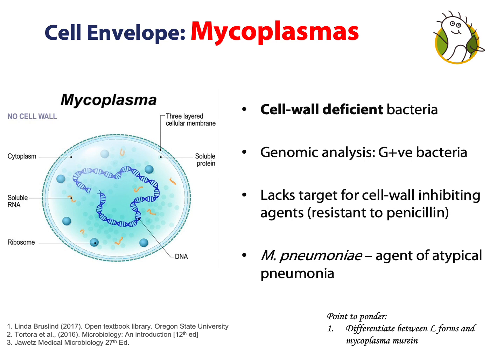Okay? So, treatment should not be done using cell wall inhibitor antimicrobials like penicillin, because these organisms are resistant to penicillin. A common example is Mycoplasma pneumoniae, which is an agent of atypical pneumonia.